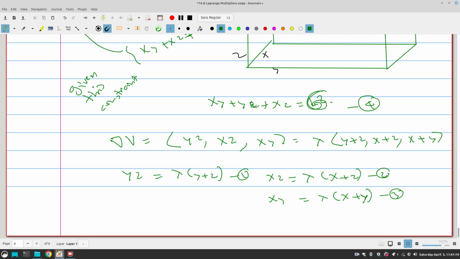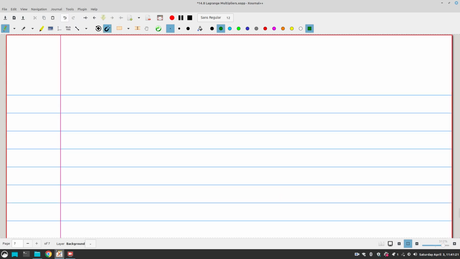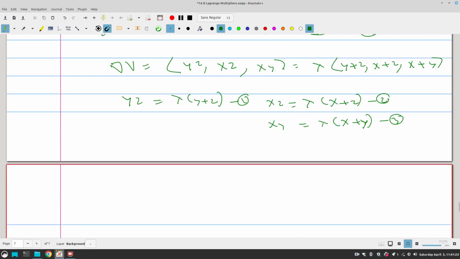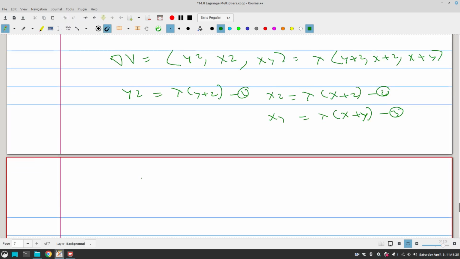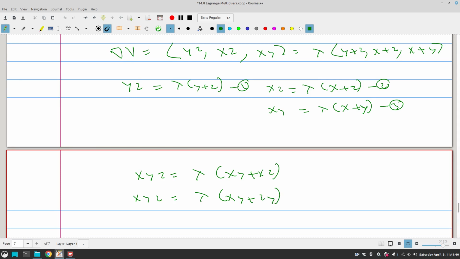So let's follow the book's method for solving these equations, right? So you would have xyz equals lambda xy plus xz. You would have xyz equals lambda xy plus zy.